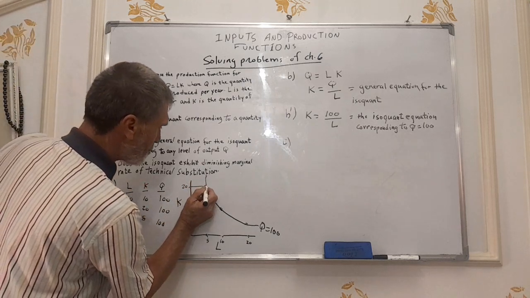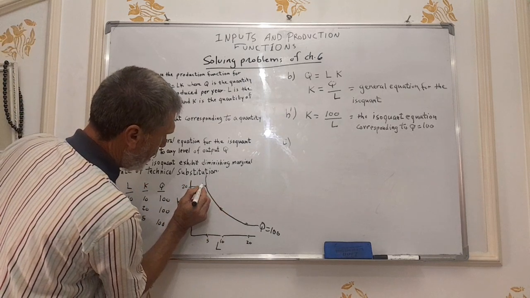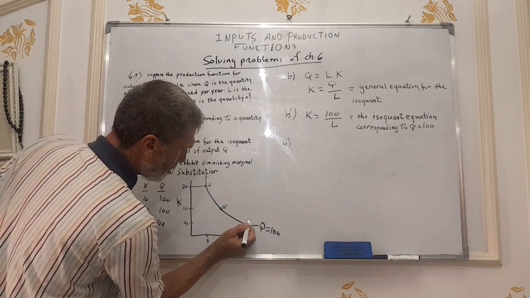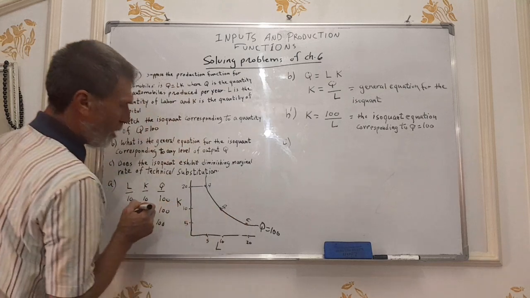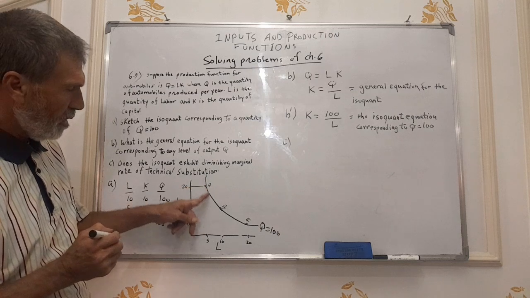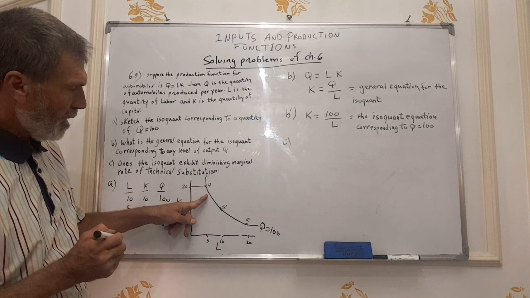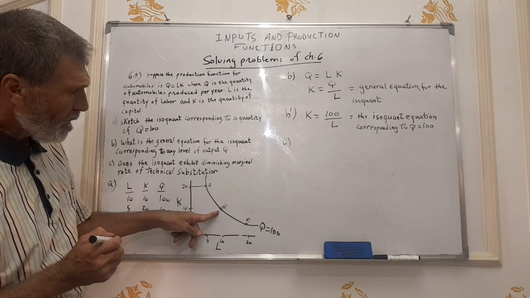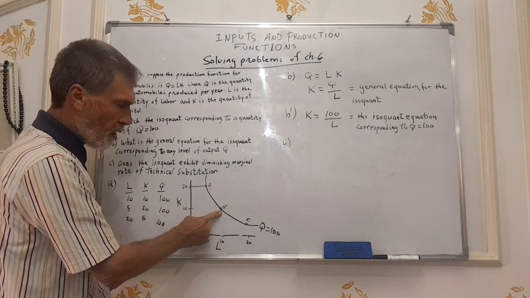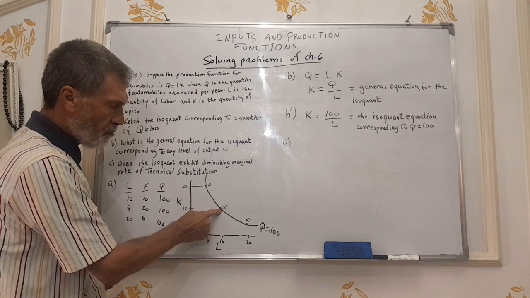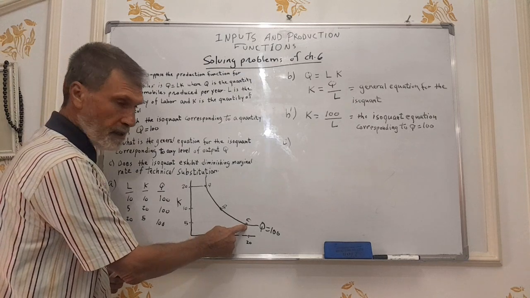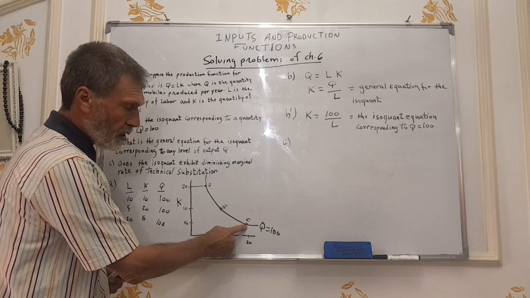The slope of the tangent line at point A is greater than the slope of the tangent line at point B. Also, the slope at B is greater in absolute value than the slope of the tangent line at point C.